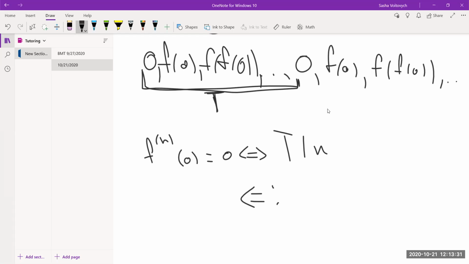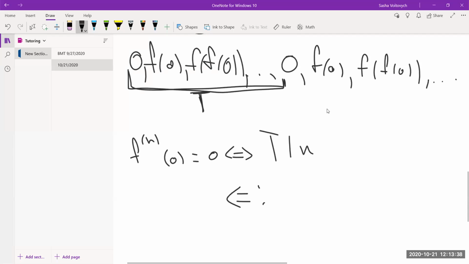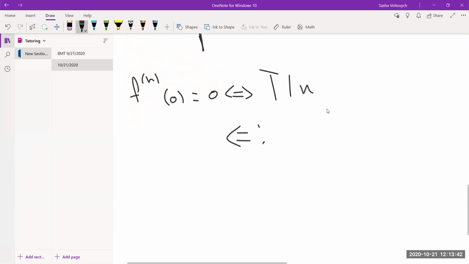The amount of steps is equal to some number of periods from the beginning, and we'll obviously have zeros there since t is a period. So this way implication is quite obvious.